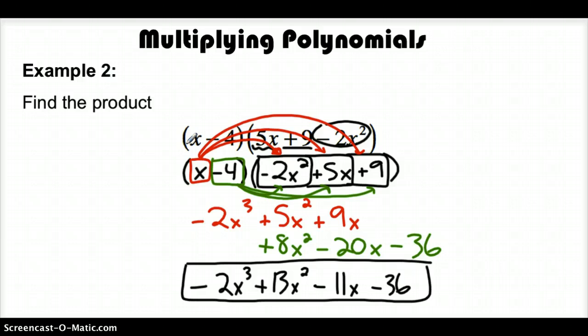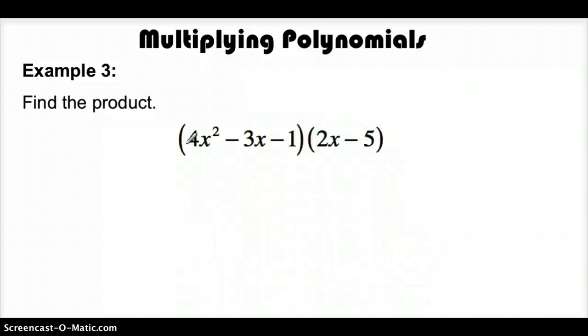Okay, let's take a look at a couple other examples here. Okay, this time it asks us to find the product. Okay, notice they put the trinomial first this time. Okay, so I have 4x squared minus 3x minus 1, and then multiplied by the difference of 2x minus 5. Okay, now there's lots of ways that we could do this.